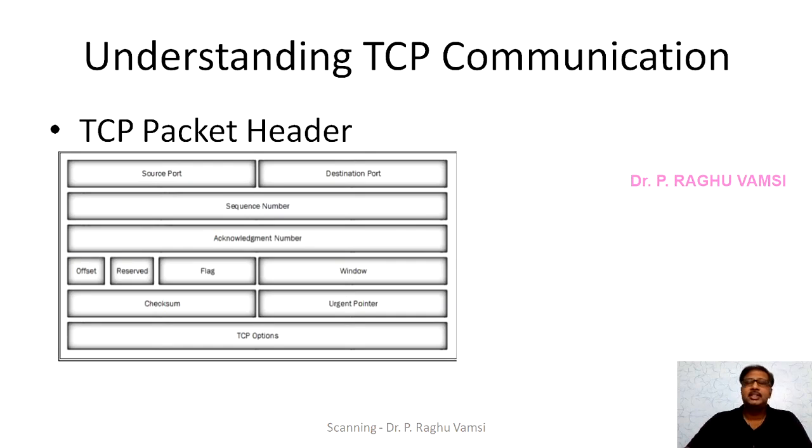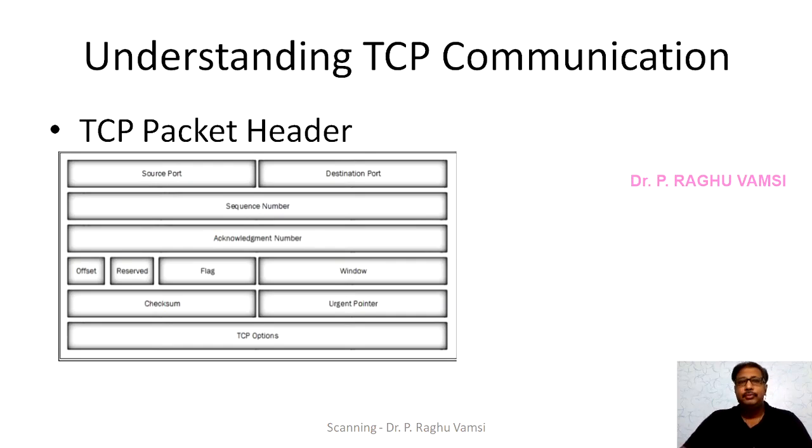Once you understand the TCP communication, then we can also fabricate some packets, or we can give a signal to the target computer to respond to those packets and to respond to the requests that we have sent via fabricated packets, and can get more information about the TCP UDP services that are running on the computer.